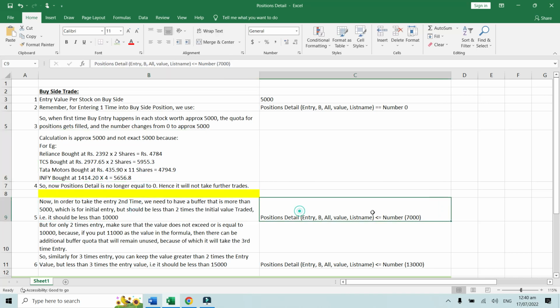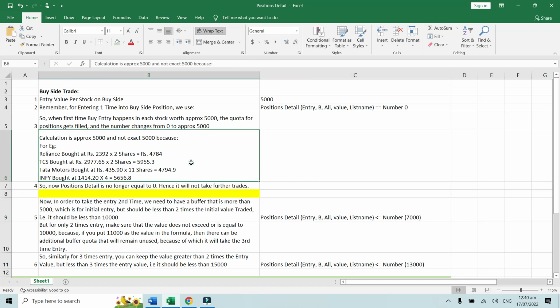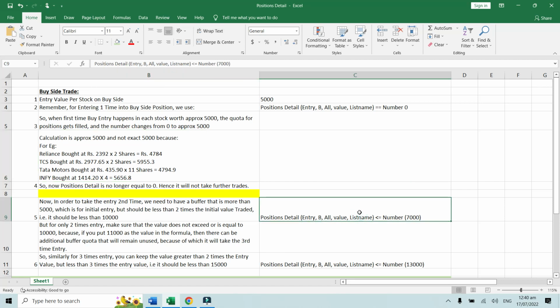Now when we use the value 7,000, what it will check is that even though this trade has happened, there is some buffer that is pending. If suppose 4,700 has been traded for Reliance, that means out of 7,000, 2,700 worth of trade is still pending in order to fill this quota of the positions detail keyword that we have.